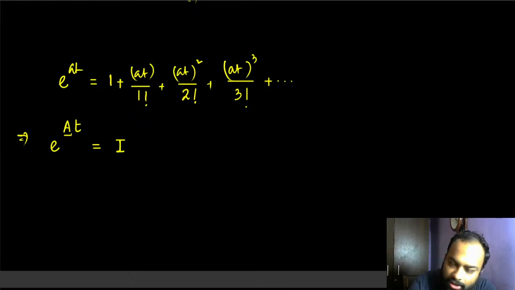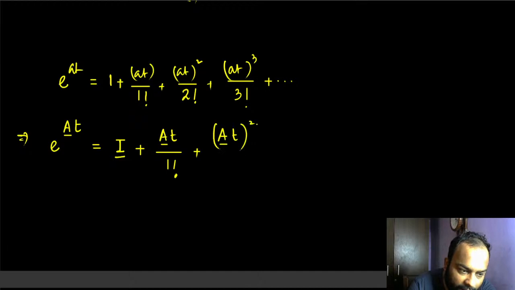If it is a 3 by 3 matrix, this is going to be a 3 by 3 identity matrix; if A is 4 by 4, this is a 4 by 4 matrix. So I plus AT by 1 factorial plus AT whole square by 2 factorial plus AT whole cube by 3 factorial.